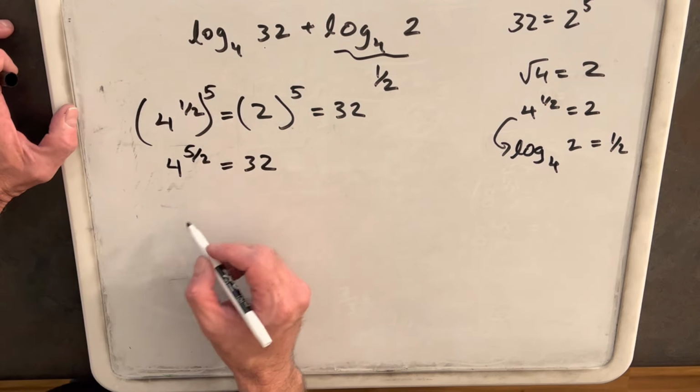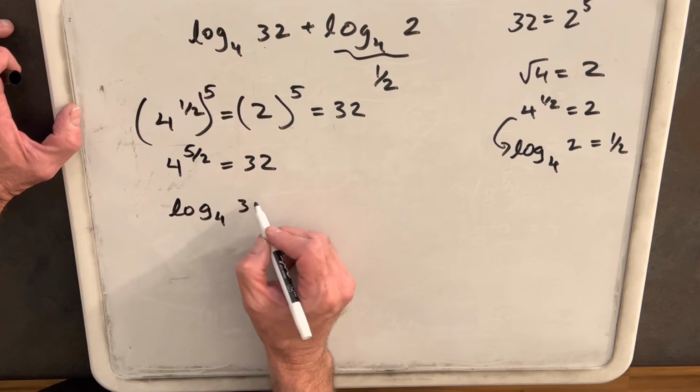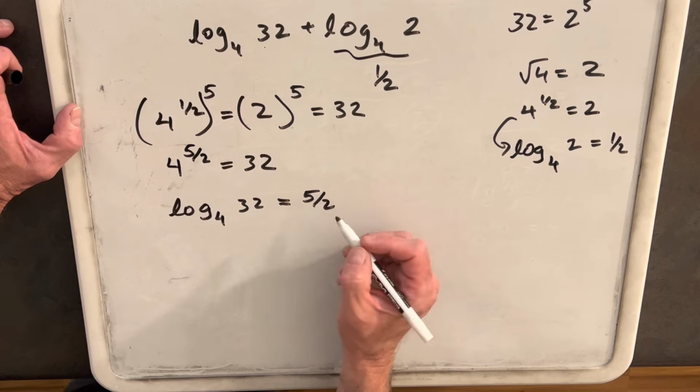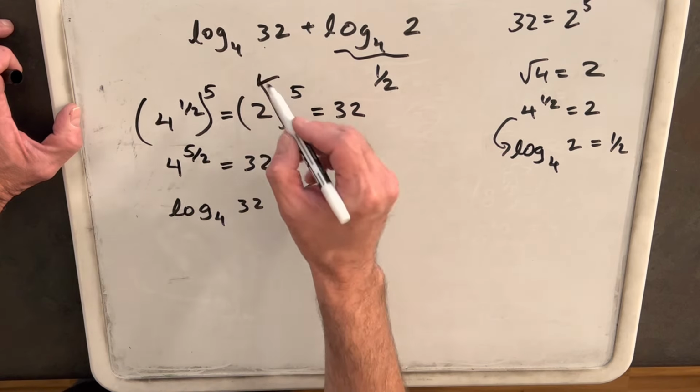So rewriting that in log form, log of 32 base 4 is going to be 5/2.